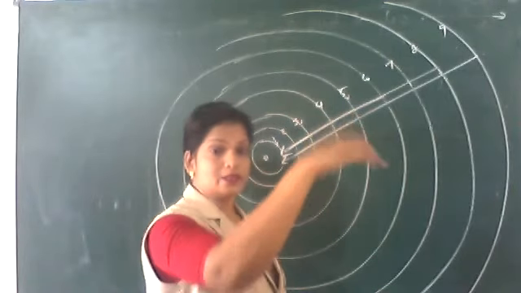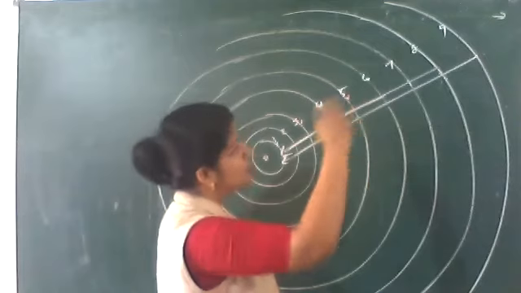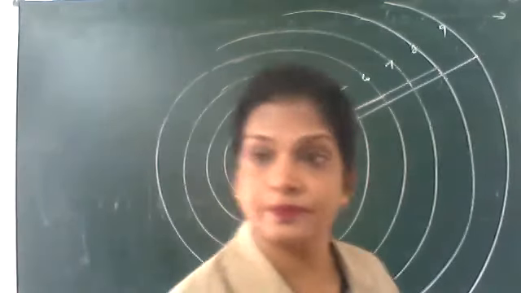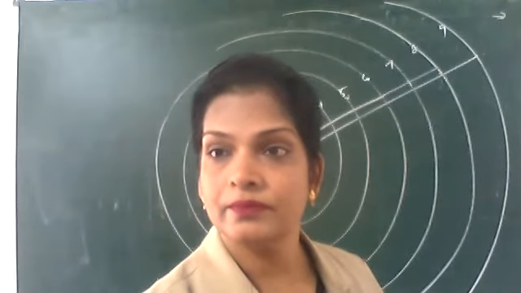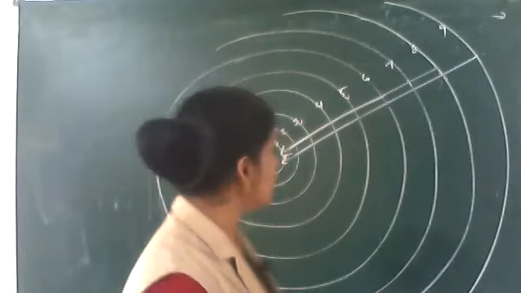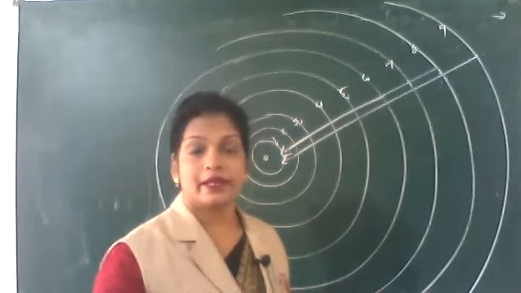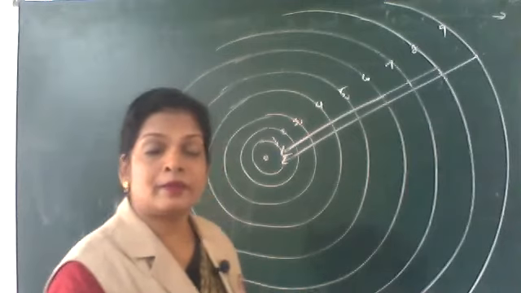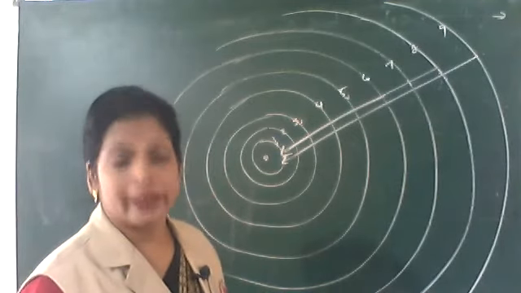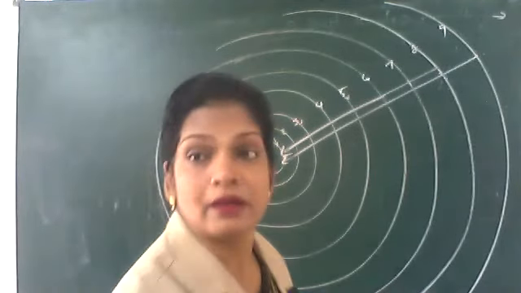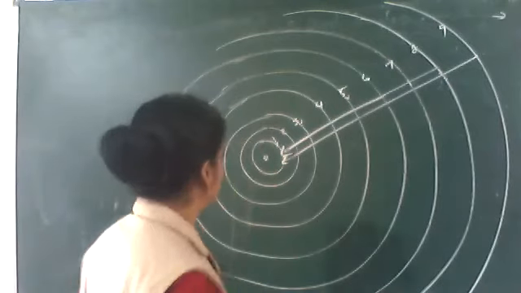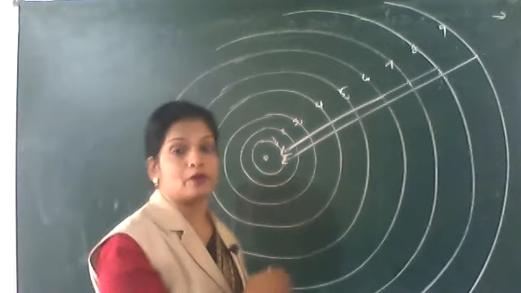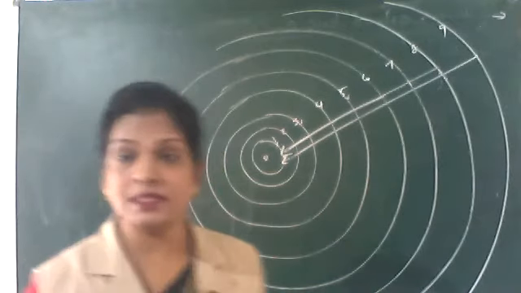Energy of the electron increases if it is on a higher orbit. If it falls to a lower orbit, energy is emitted and it will have lower energy. Whenever the electron falls from a higher orbit to a lower orbit, some amount of energy is released.